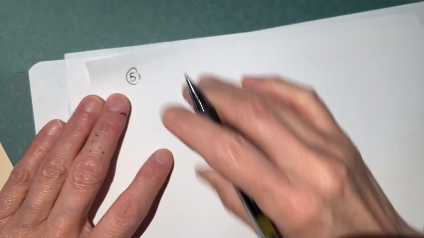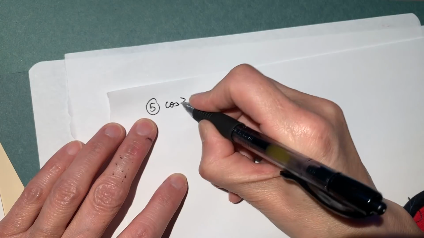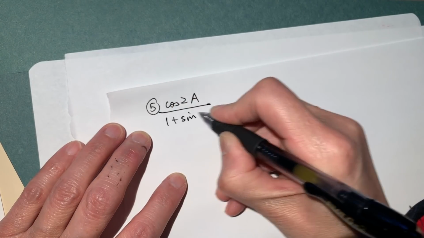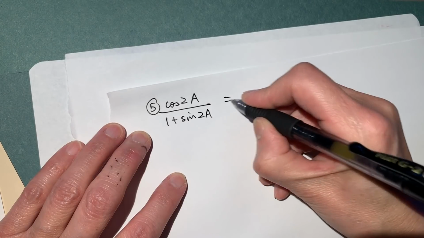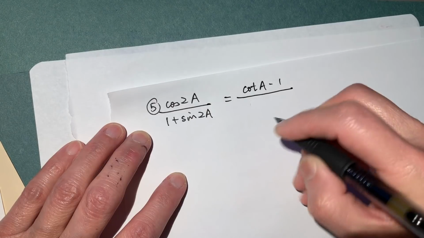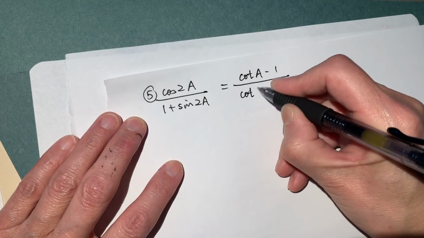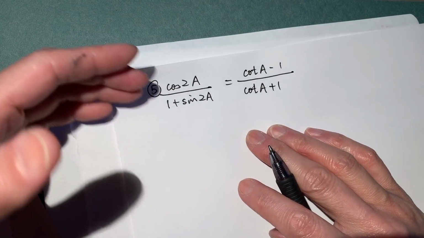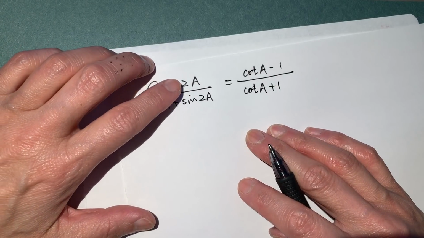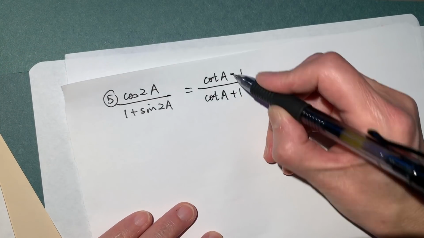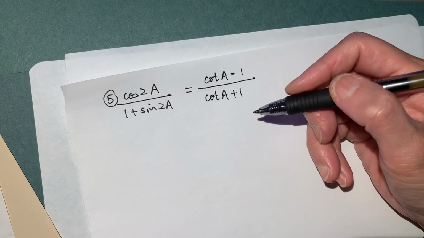Okay, hello dear friends. Question number 5. Cosine 2a over 1 plus sine 2a equal to cotangent a minus 1 over cotangent a plus 1. So when we see this kind of problem, it's quite complicated. On the left side, there is 2a, the double angle. And on the right side, there is a cotangent.